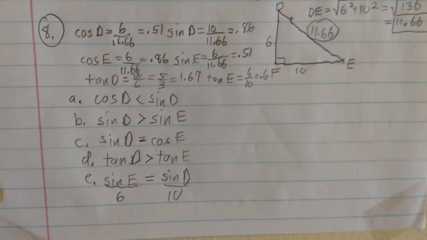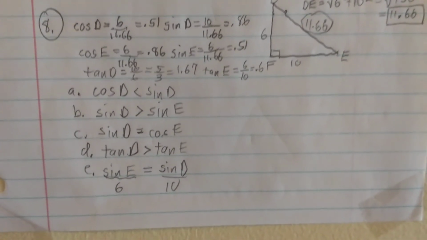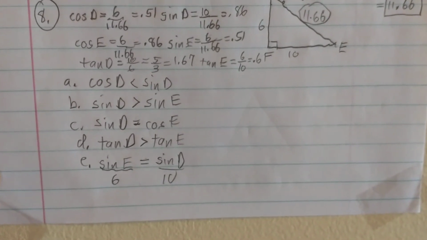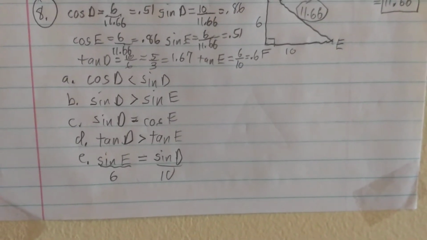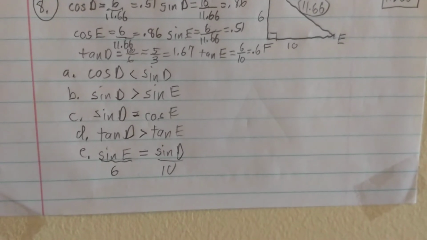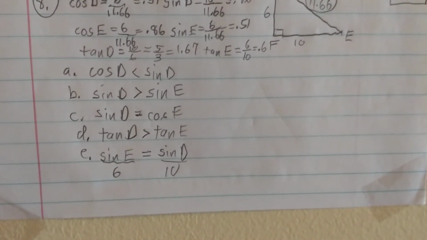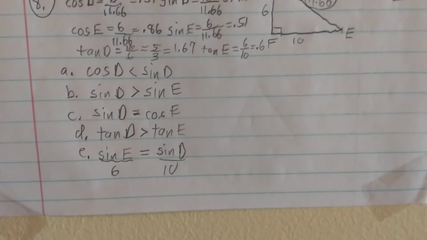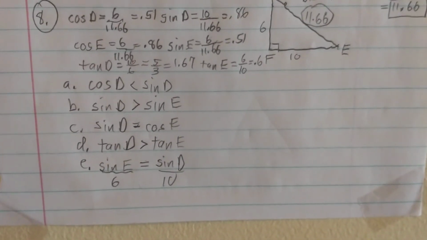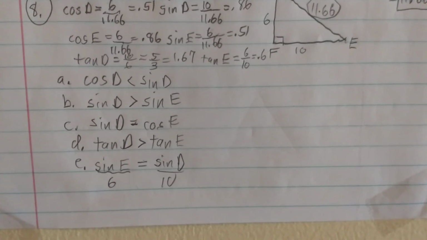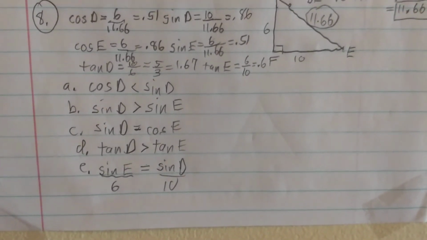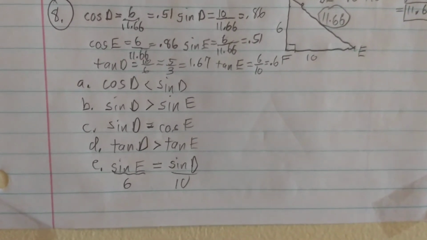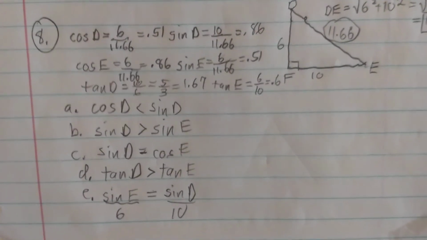Now sine E divided by 6 is 6 divided by 11.66, divided by 6. So sine E divided by 6 is just 1 over 11.66. And sine D over 10, see the 10s cancel. When you divide sine D by 10, the 10s cancel, and you're left with 1 over 11.66, which is equal. So the two are equal.